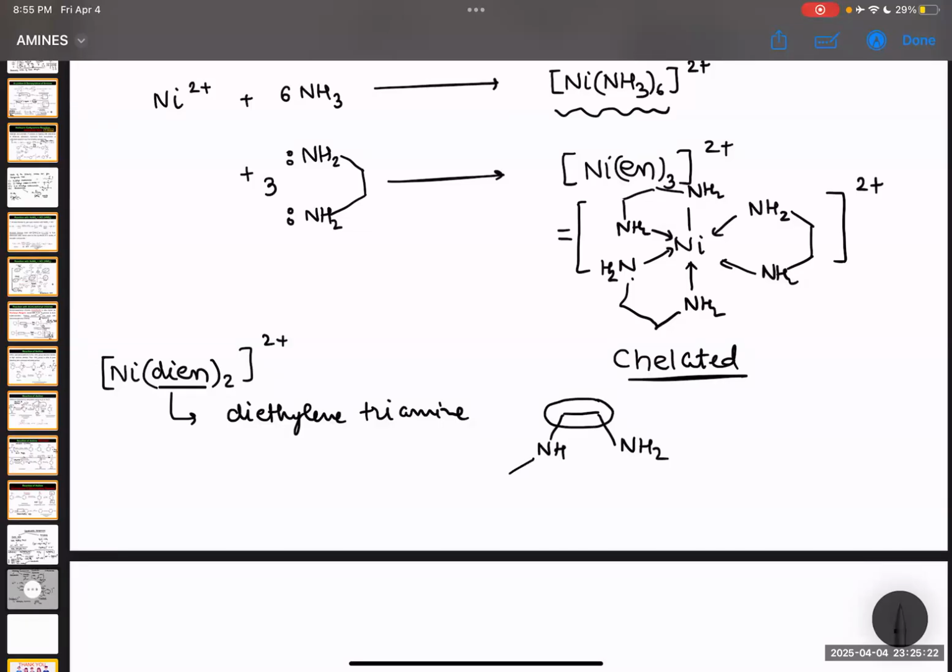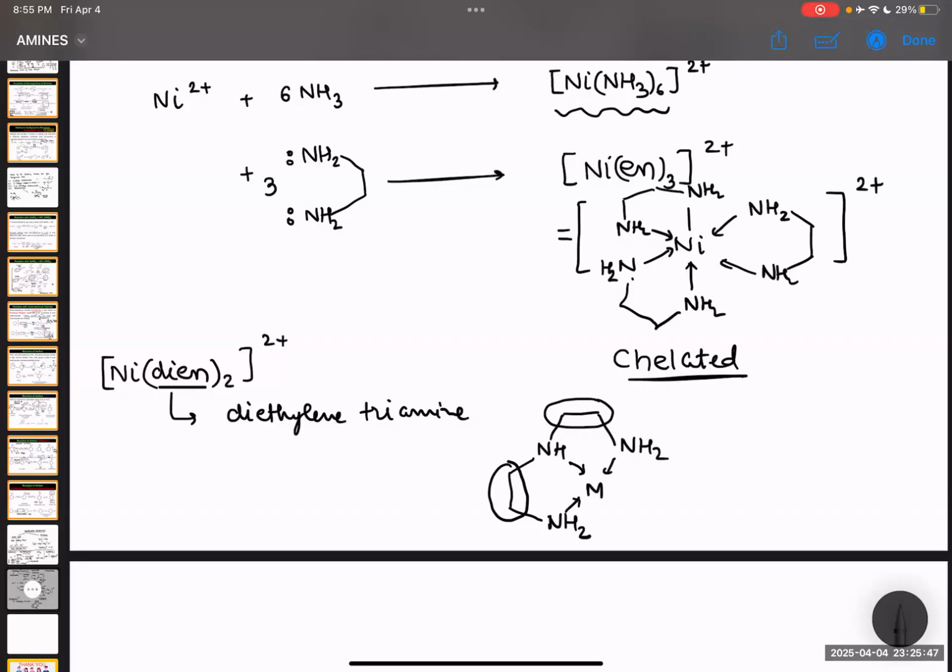And you have 2 such portions. So look, 2 ethylene parts, CH2 parts, and they are connected by NH. And at the starting and at the end you have NH2. So diethylene triamine. Got it? So this is a tridentate ligand.